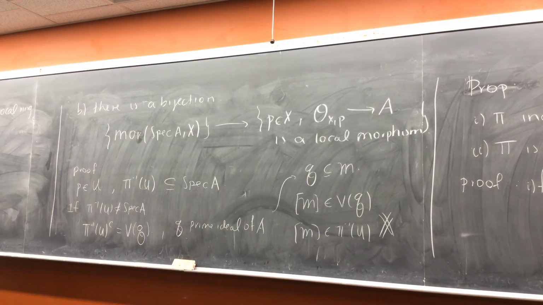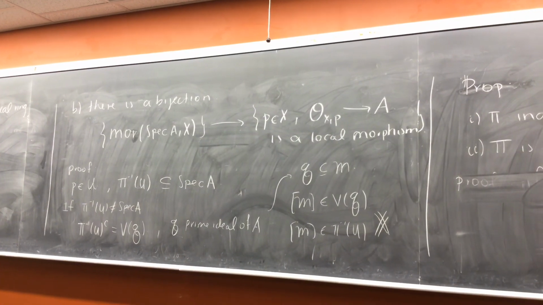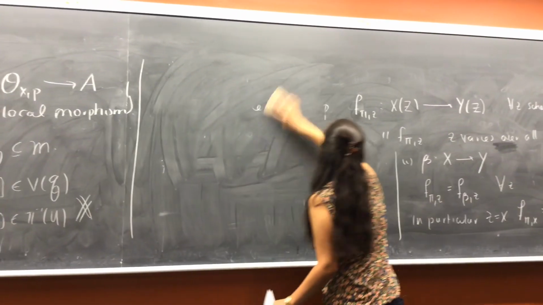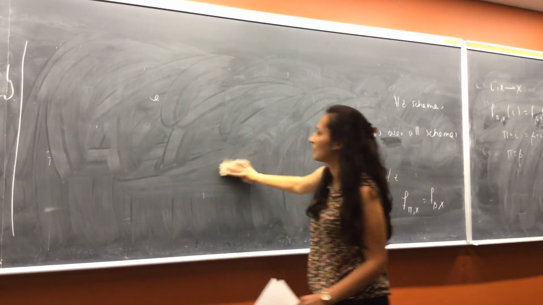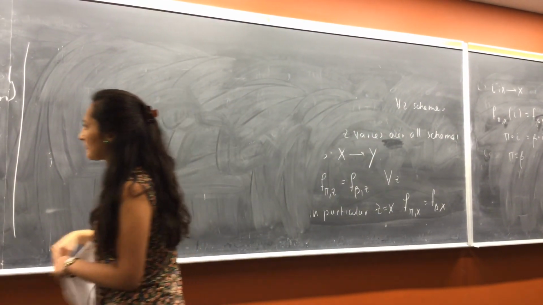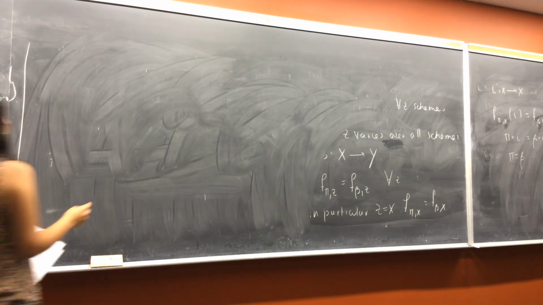The second part is more complicated. Let me just tell you how to build the bijection. Okay, so I will call the two directions alpha and beta.